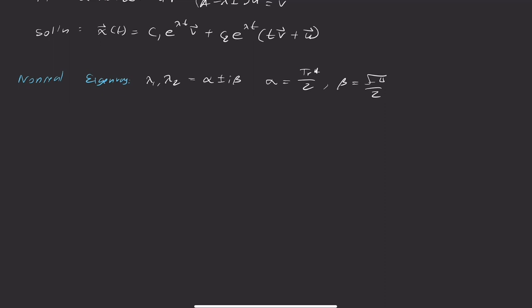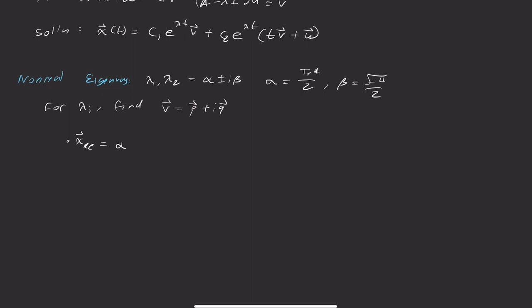Here, for each lambda, you want to find your vector v given by p plus i q. Once you have those two vectors with real and imaginary parts, you can solve out for your real solution.